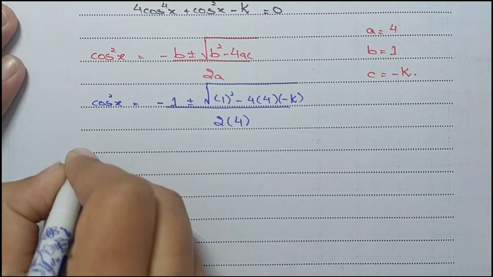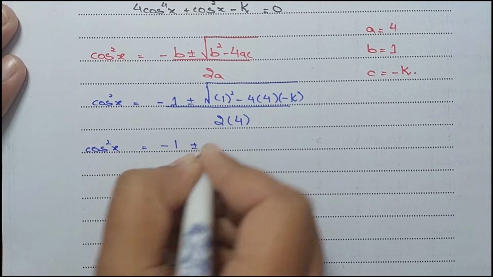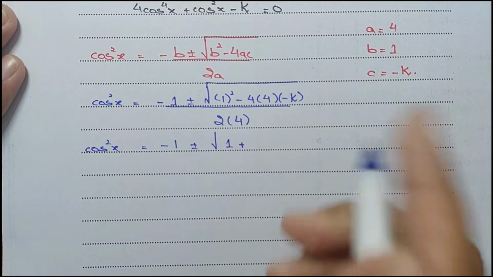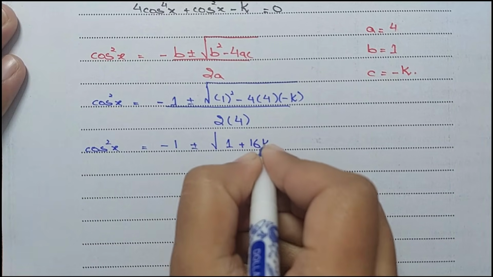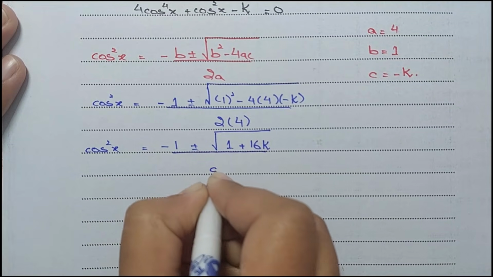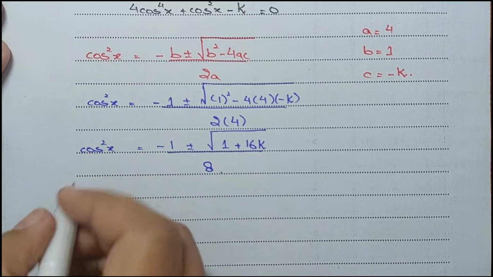Okay. Further simplification, cos square x would be equal to minus 1 plus minus square root of 1 square, which is 1, plus, minus times minus is plus, 4 times 4 is 16k, divided by 2 times 4, which is 8. Okay. Now here we have two cases, right?